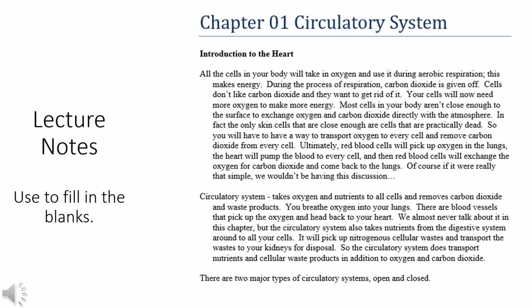Remember those fill in the blank notes started with circulatory system takes in blank and nutrients, takes oxygen and nutrients to all the cells and removes the carbon dioxide and waste products, just like we said a few minutes ago. But it also gives you a little more explanation about how you breathe oxygen into your lungs, and then there's blood vessels, and so on.